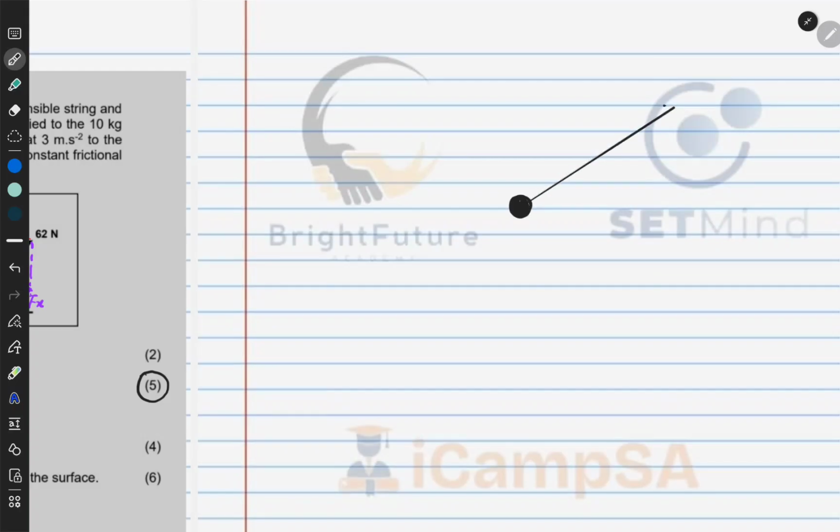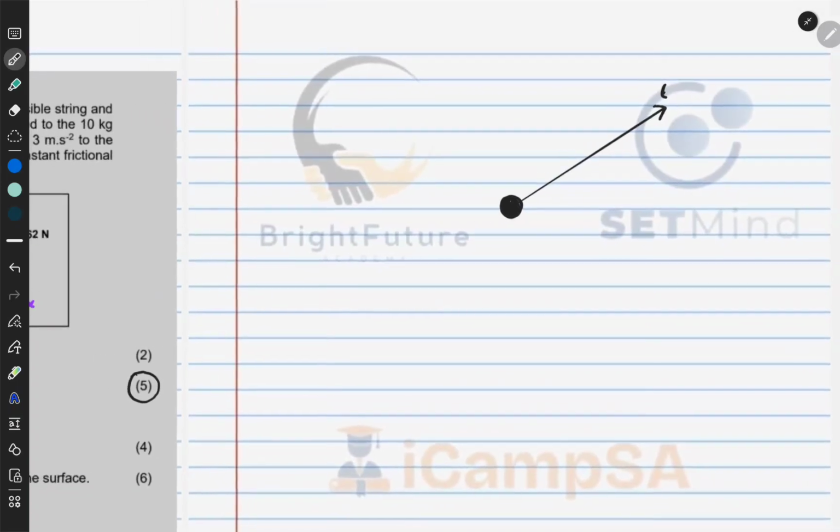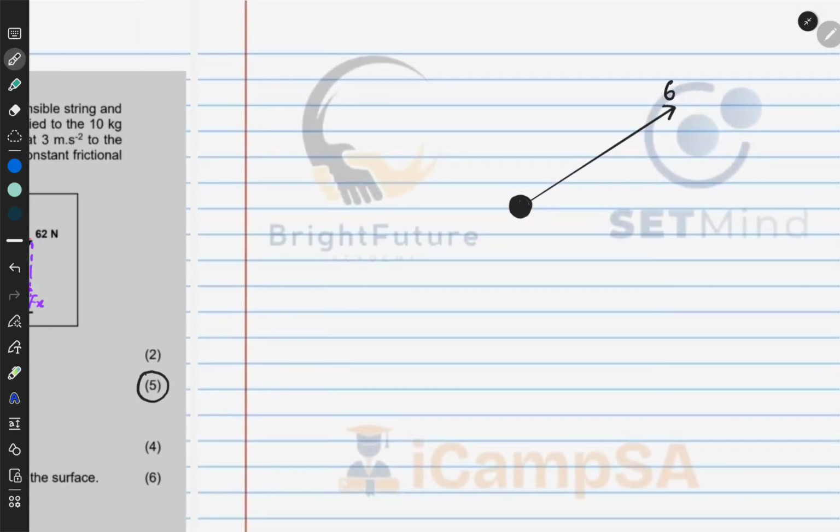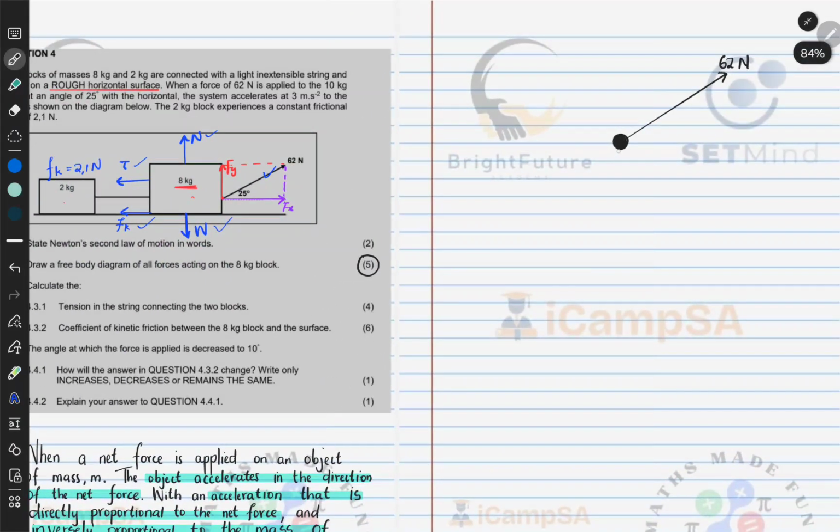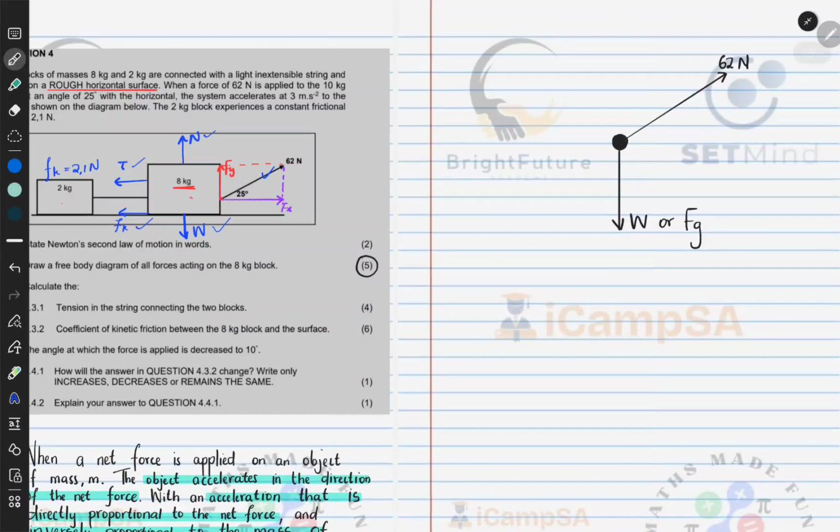Okay, my free body diagram looks big. Then we have the weight. Some people call it Fg.